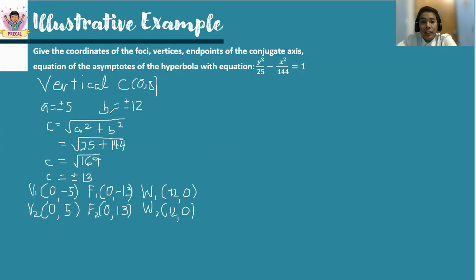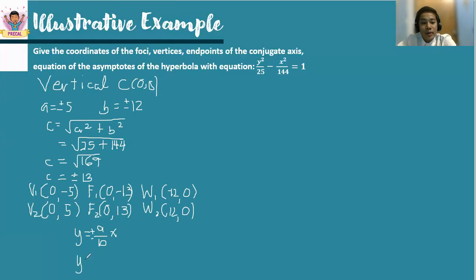Now, for the equation of the asymptotes, we use the formula y is equal to, this time, a divided by b, so that would be plus or minus a over b x. Do not forget the plus and the minus sign.